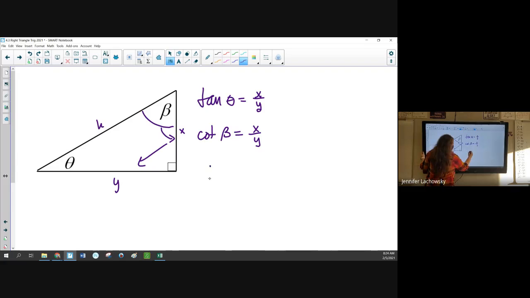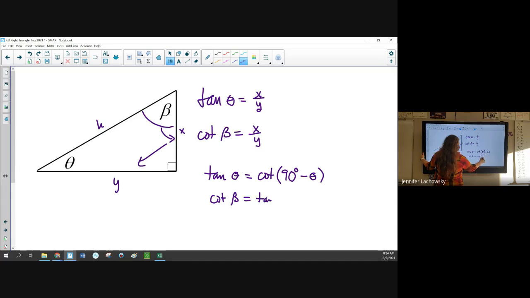So that means tangent of theta equals cotangent of what? 90 minus theta. But that also means that cotangent of beta is equal to what? 90 minus beta.